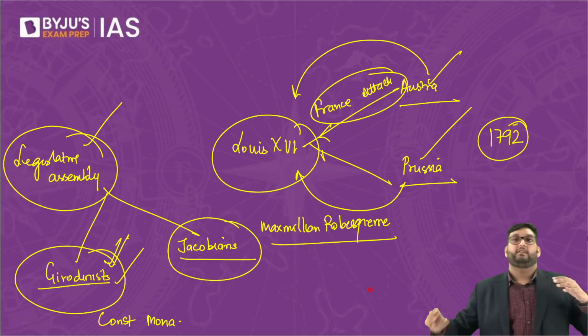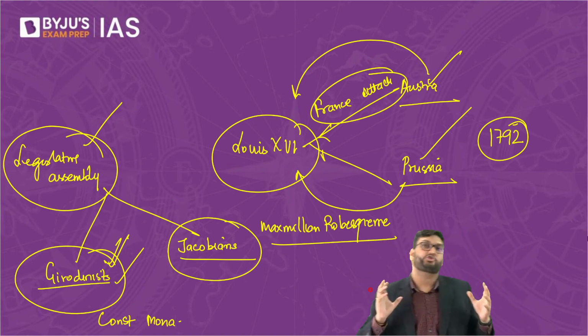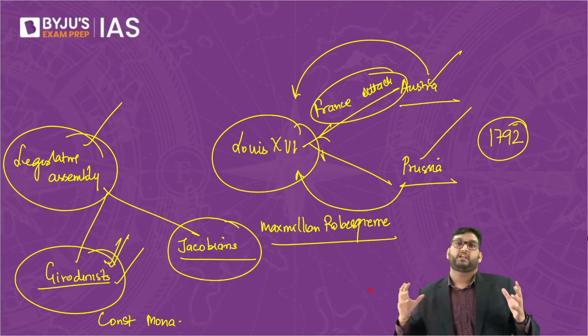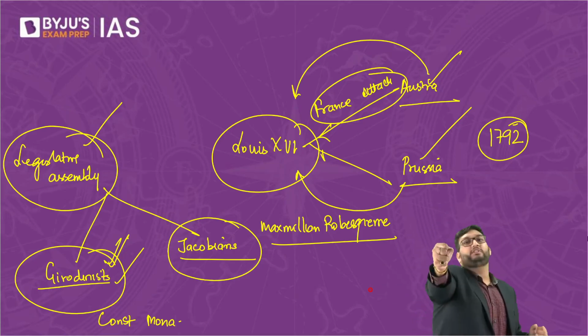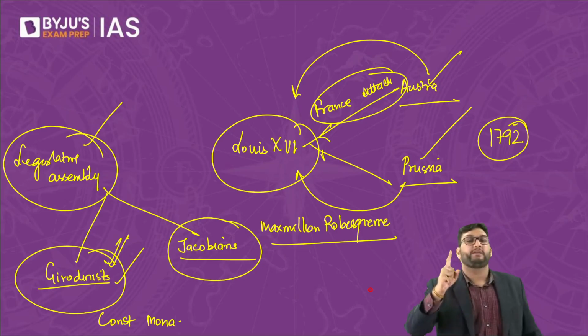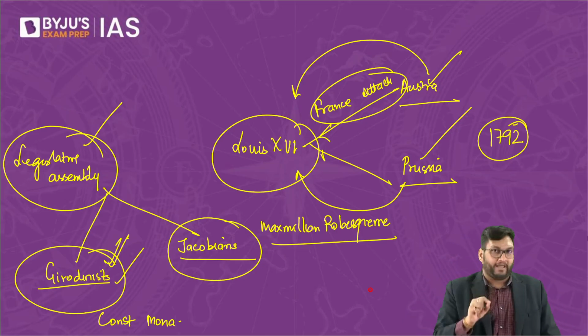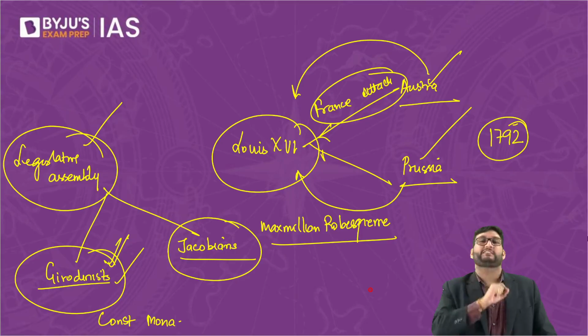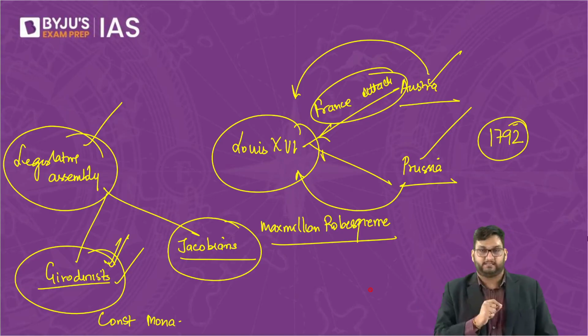So the Jacobins will rebel, and there is a moment called the storming of the Tuileries, in which the women, very actively because of the bread riots, frustrated, will go catch hold of Louis XVI and bring him back to Paris again. Now the Jacobins will say enough is enough, and they will put in an inquiry through which they will find that it was Louis XVI who was proposing that Austria and Prussia fight a war with France.